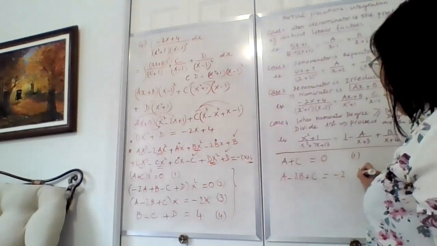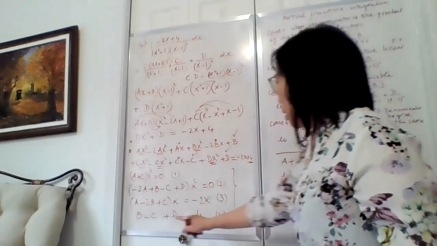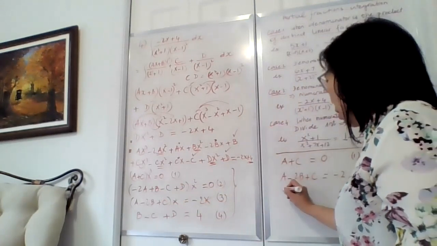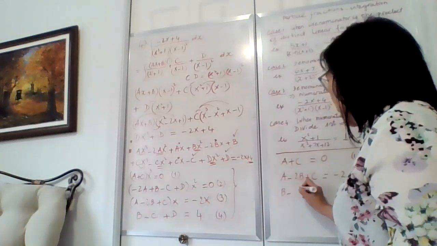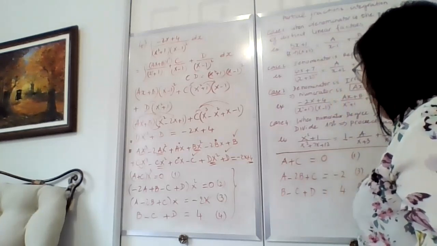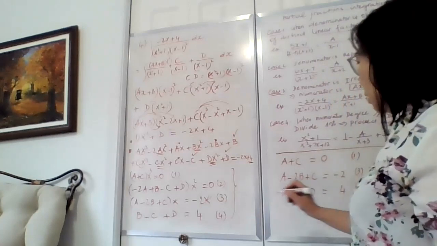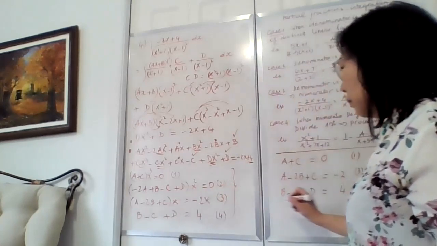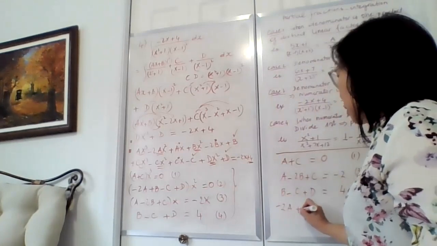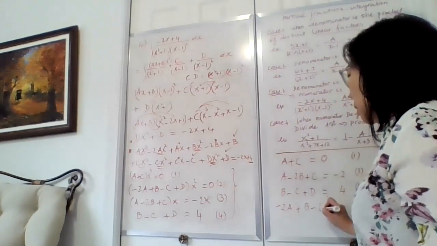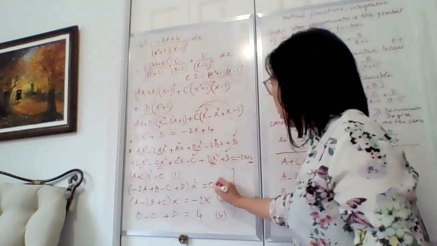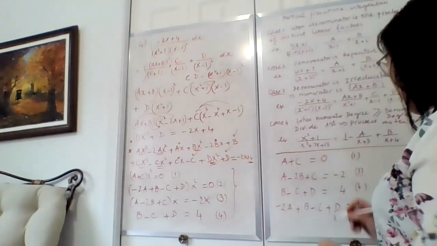And this is equation 3, right? Equation 4 will be b minus c plus d becomes 4. That's equation 4. What's our equation 2? Our equation 2 is more complicated: minus 2a plus b minus c plus d, and that equals 0.